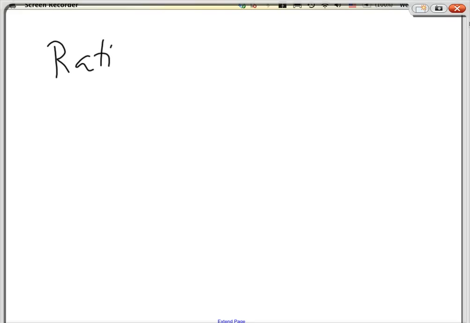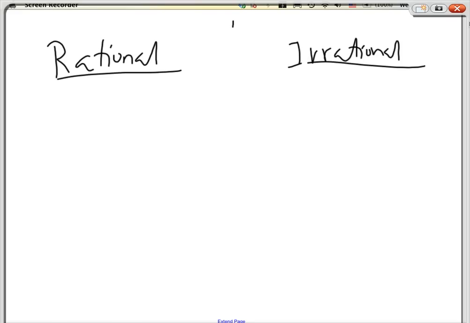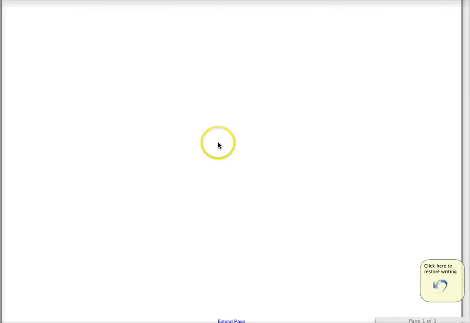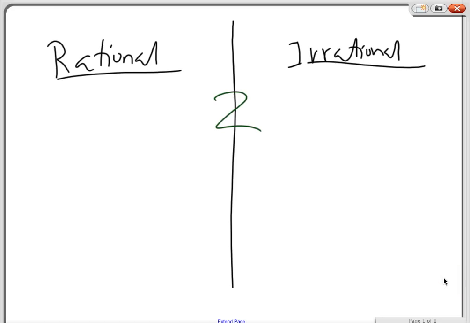Okay, so now that we have a good understanding of the basic foundation of the number system, let's take a look at this one. I have rational on the left-hand side, and I have irrational. I want you to tell me if it's rational or irrational. Here's the first one. Rational or irrational? Rational.